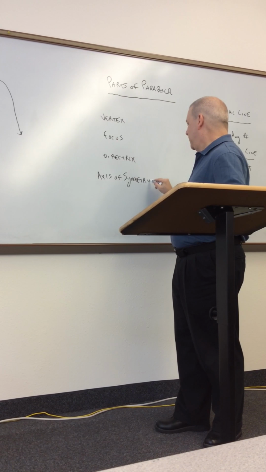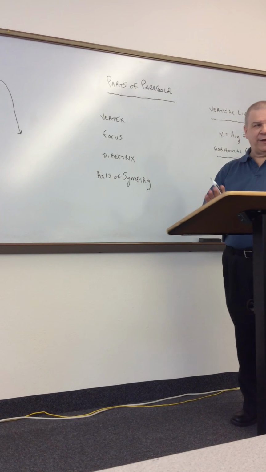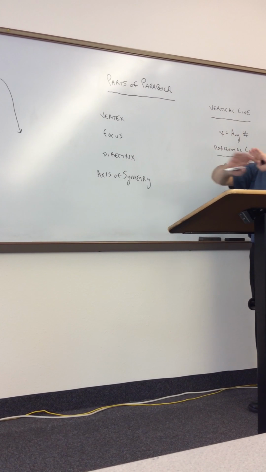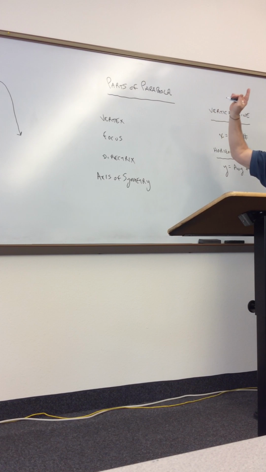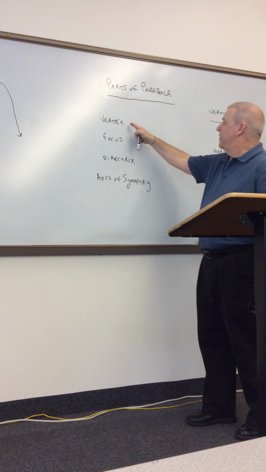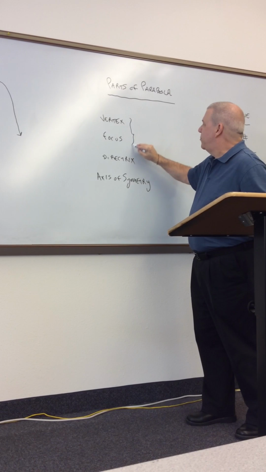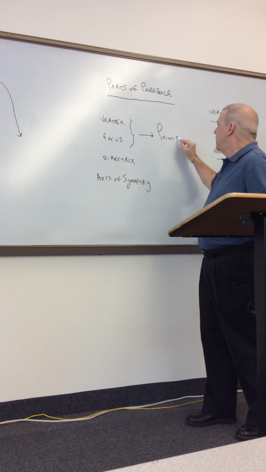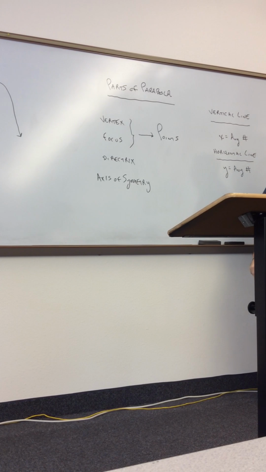Now, if you know what's good for you, you're marking down what I'm doing here. This is all just general information. The rest of the week you're in here, you're going to hear me talking about these 4 parts of a parabola. Now, these 2 things right here are points. When I say vertex and focus, it's a point.